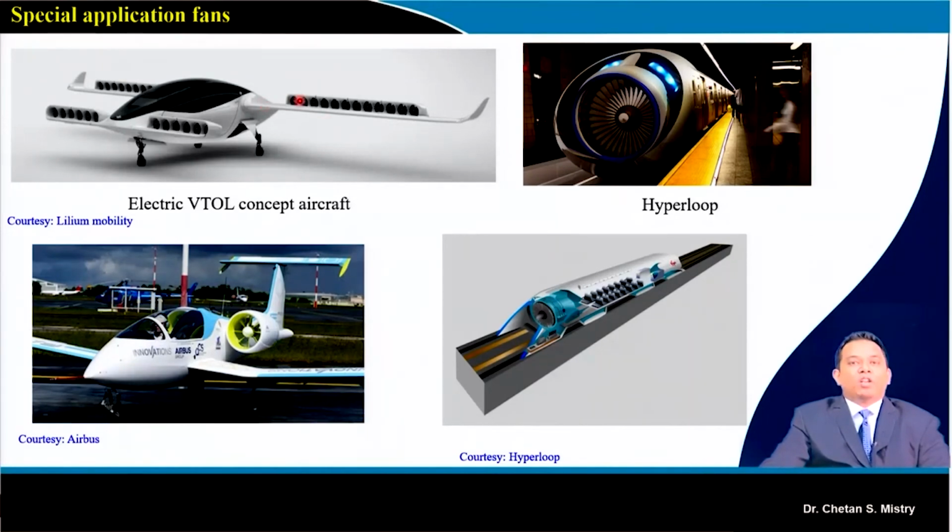This fan may be smaller and more in number. There is a logic behind that. If you have a larger diameter of such a fan, maybe a few fans will work, with no need for this many fans, but at the same time the power consumption and weight will be a major issue.